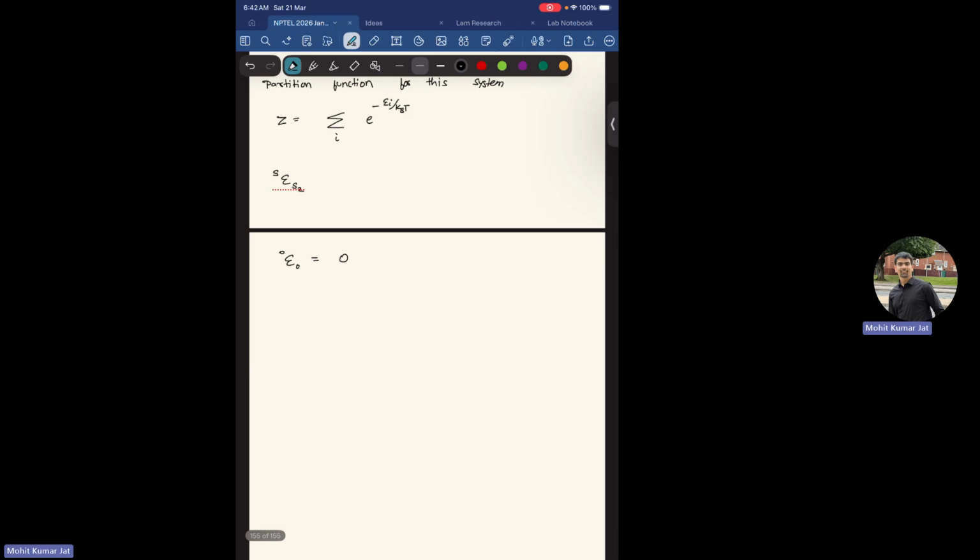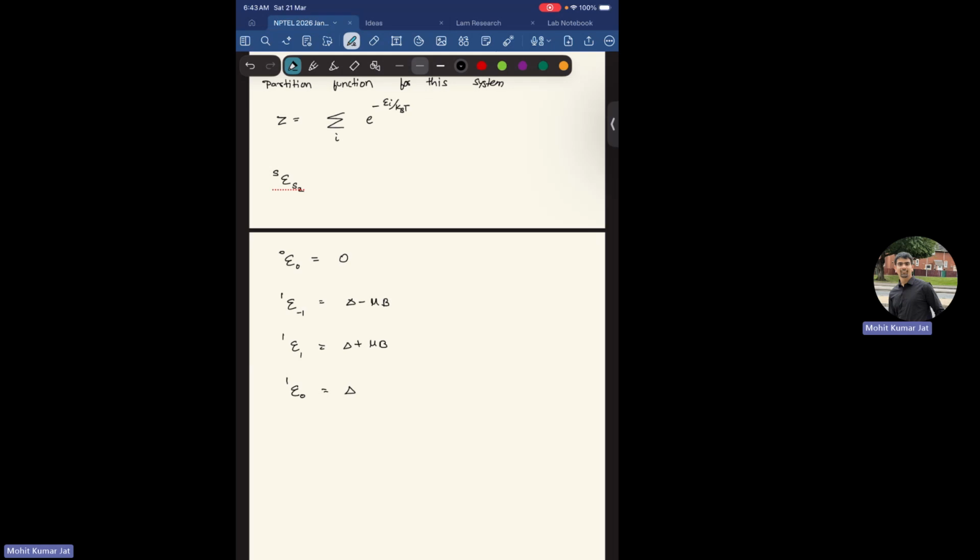But for spin 1 with Sz equals minus 1, it will be delta minus mu B. If it is (1,1), it will be delta plus mu B, and if it is (1,0), it will be delta.